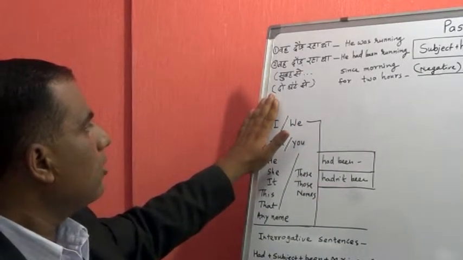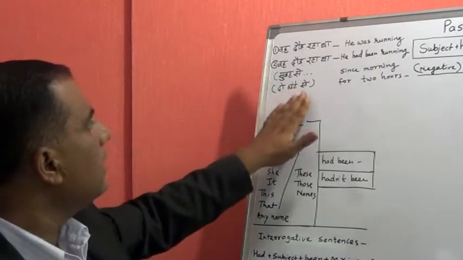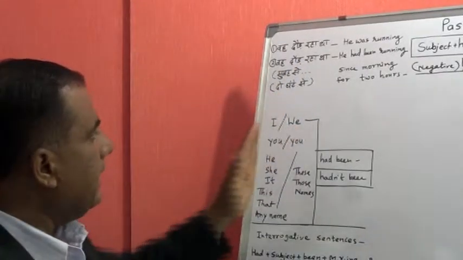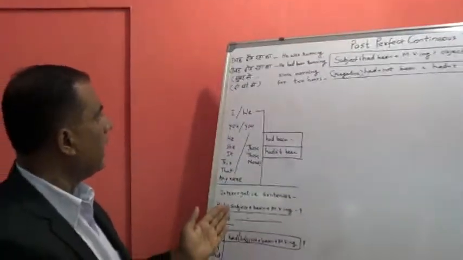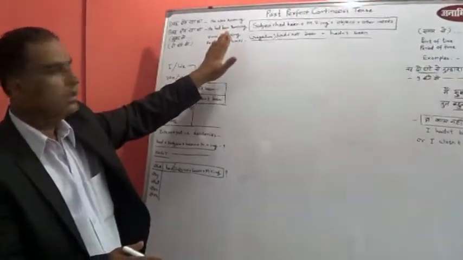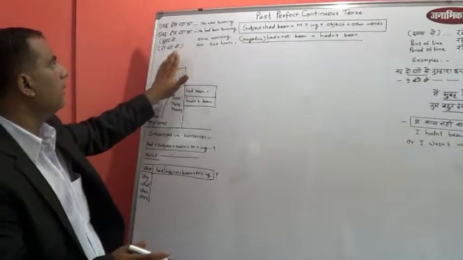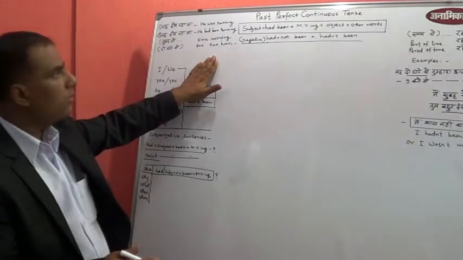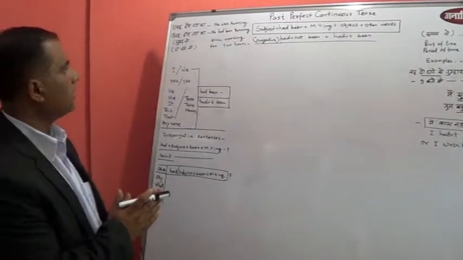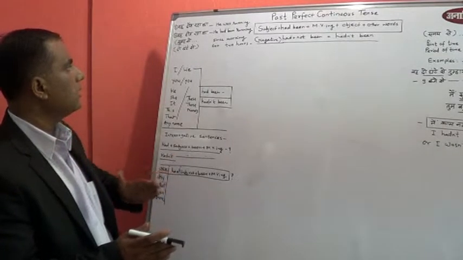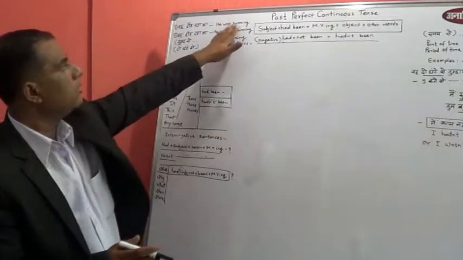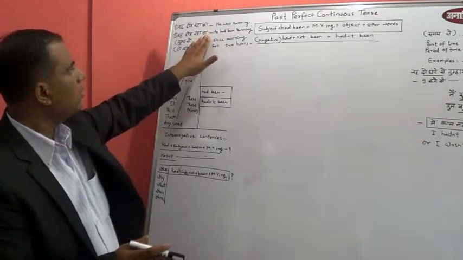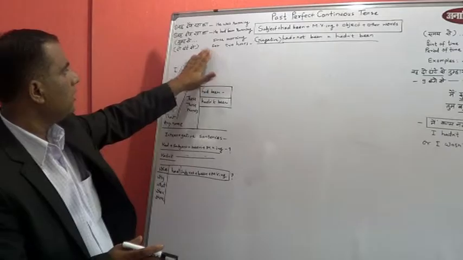Similarly, we can also say वह 2 घंटे से दौड़ रहा था. So again, this 2 घंटा is a period of time during which this activity was going on in the past. So that is how past continuous and past perfect continuous are different, because in past continuous there is no mention of period, but in past perfect continuous we do have the information about the period.